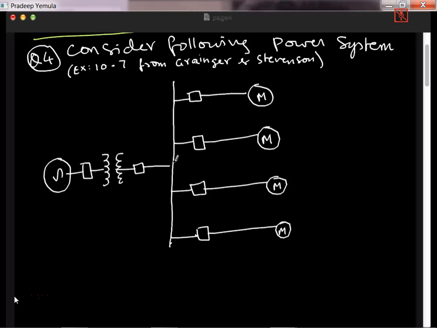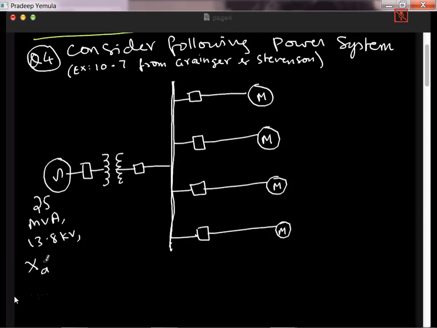So what are the ratings? The ratings are like this. Let me highlight this bus bar. This is a 25 MVA, 13.8 kilovolt generator which has X"d of 15%.